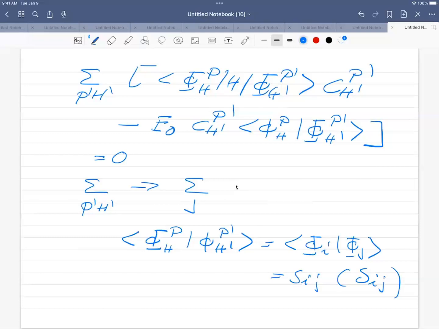If we use that and then introduce another notation, I'm going to rewrite now this Hamiltonian. This is the expectation value of a transition from one state to the other via the Hamiltonian operator. I'm going to write this out as something which will lend itself to a matrix notation. So I will simply call this H_ij.